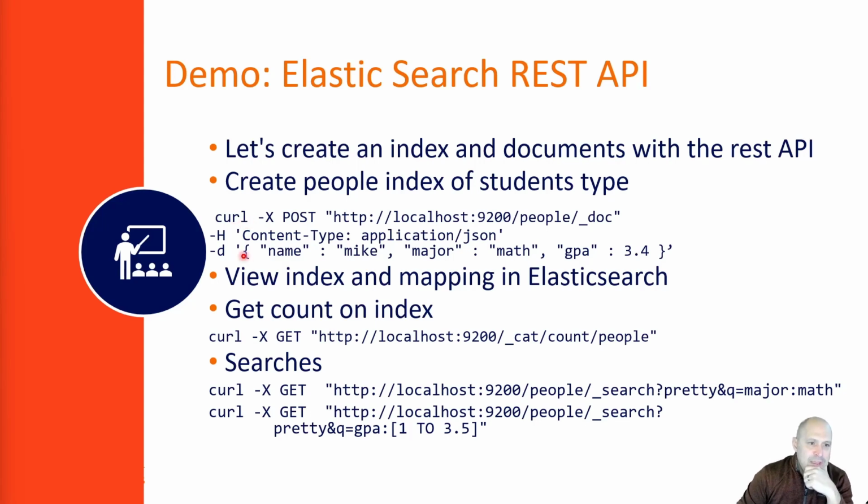We'll use that curl command to send data to Elastic. So this -d is the data that we will send to Elastic. And then we will get the number of documents that are in the index by hitting the count endpoint. And then we will do some basic searches using the Lucene syntax, and I'll talk about the Lucene syntax with you. And we'll do all of this from the terminal window here.